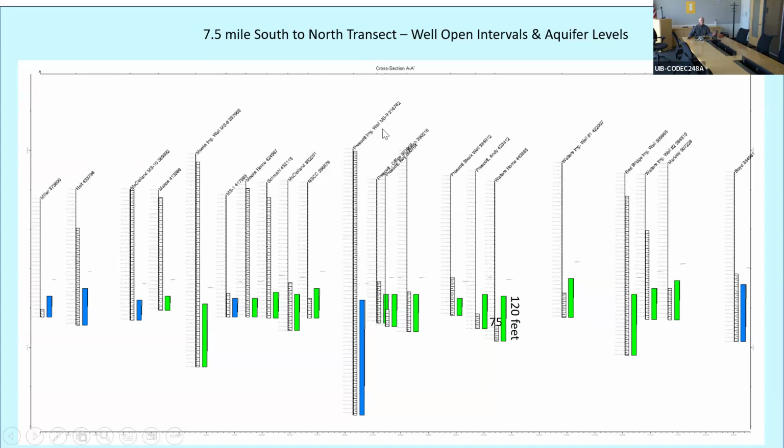This particular well is an irrigation well right here in the center with a blue column where we didn't detect dye. And the reason I think we didn't detect dye is we had really poor sampling conditions there. We kept losing our packets. They would disappear. We don't know why. And we also had poor flow conditions in that particular well.